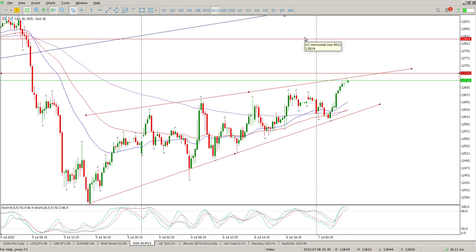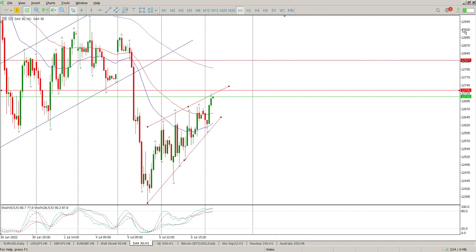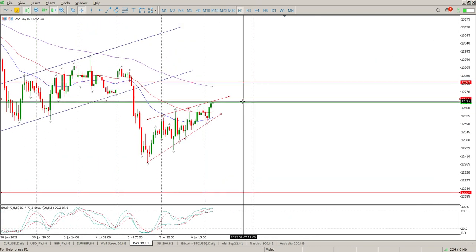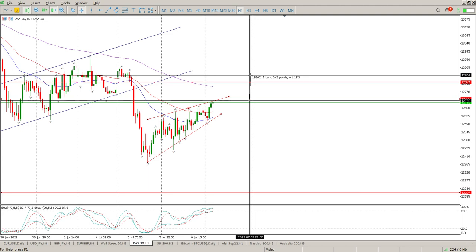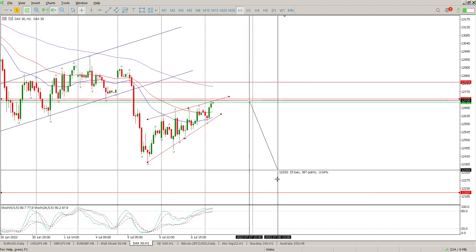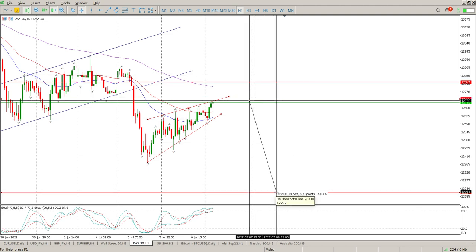So that's kind of my view this morning. I'm looking for an opportunity to get into this for a short, and that short, let's just argue we get in at this point. We have a 140 point stop loss, but our target is a 500 point move to the downside. Now, important to see that that is a 4% fall in the market again.